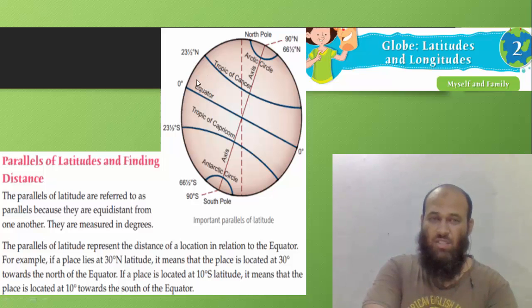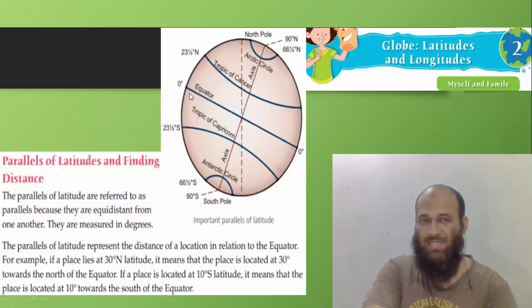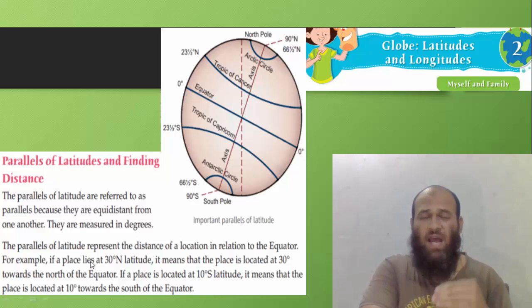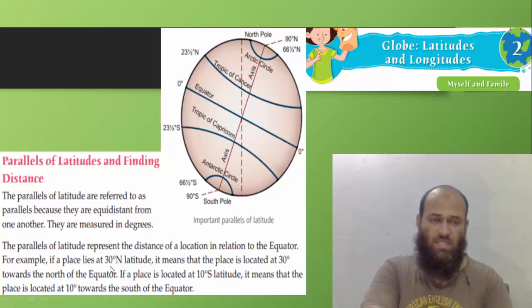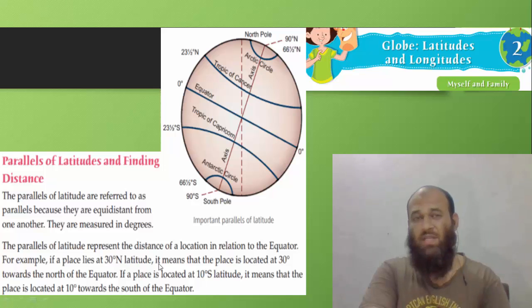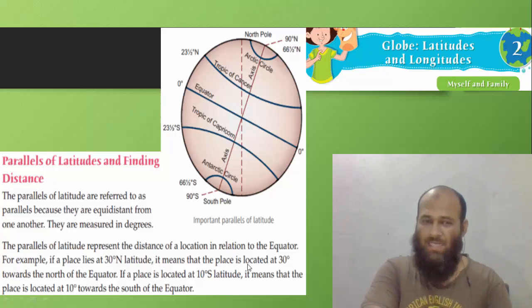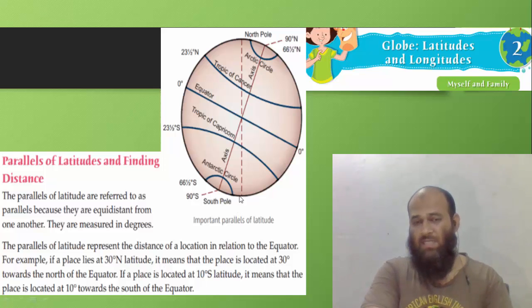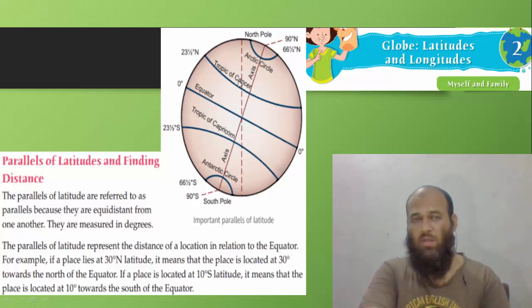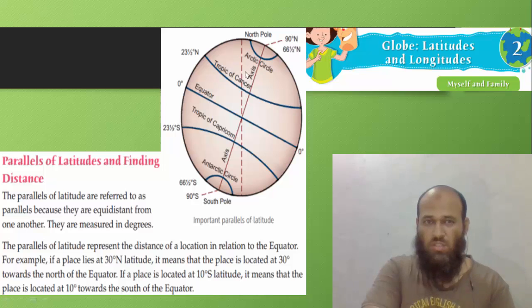This is the relationship. 23 degrees north means this distance on the northern side of our equator. For example, if a place lies at 30 degrees north latitude, it means that the place is located 30 degrees towards the north of the equator. You need to cross the Tropic of Cancer.